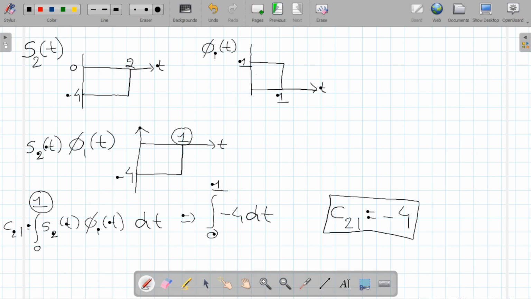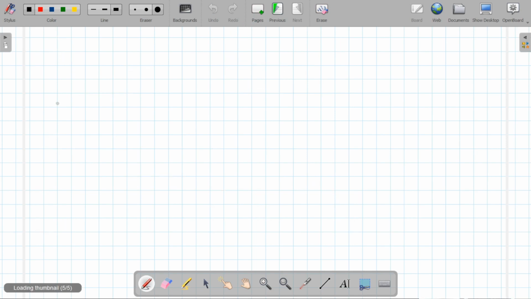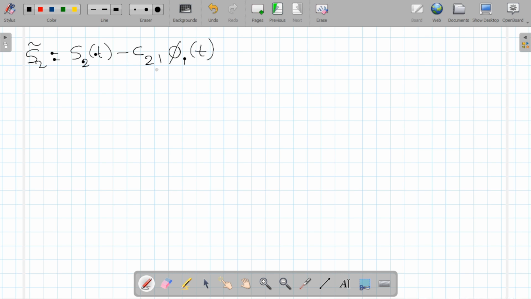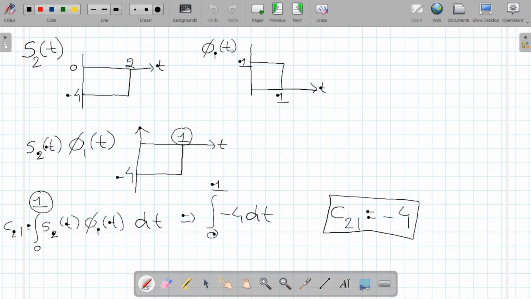Okay, we are going to get the value of S2 tilde. S2 tilde will be S2 of t minus C21 phi 1 of t. We got the value of C21 as minus 4. Here we can clearly see, and phi 1 of t is this.